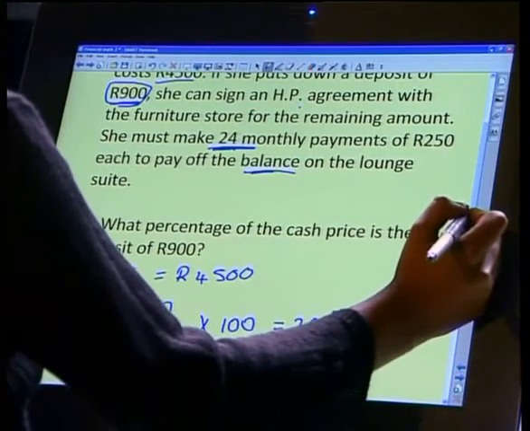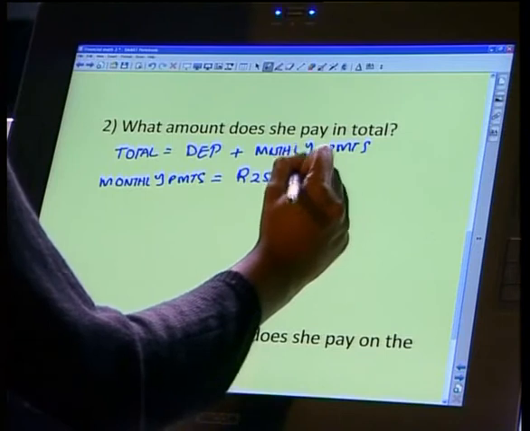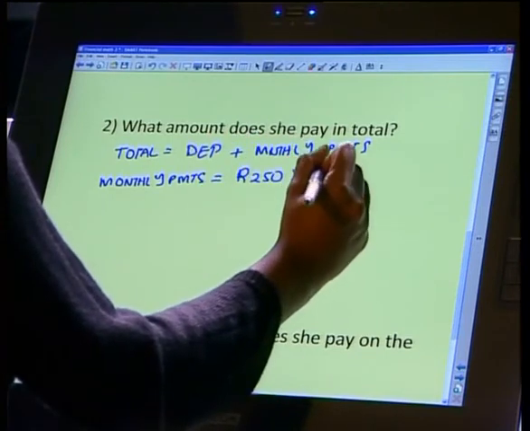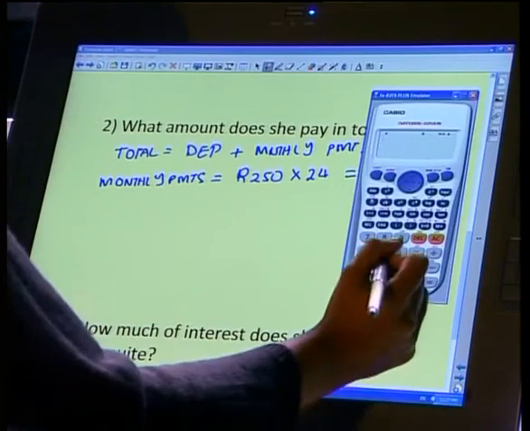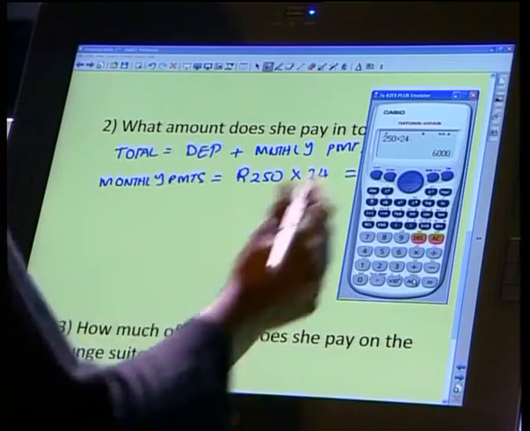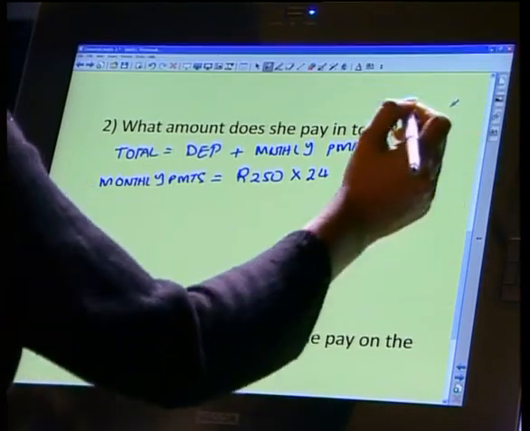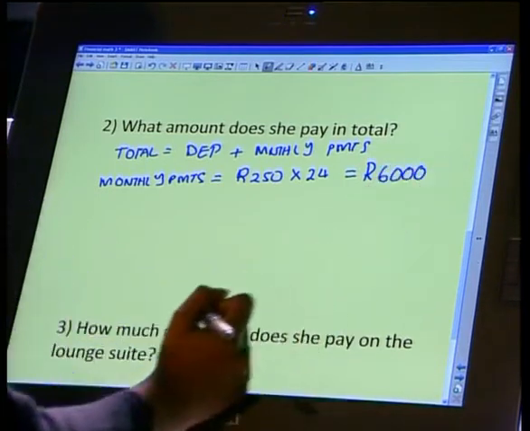So a period of 2 years, and she's paying 250 Rand for each month. 250 over 24 months, we can work that out. 250 times 24 will give us an answer of 6,000 Rand. So in total, she pays 6,000 Rand in monthly payments.